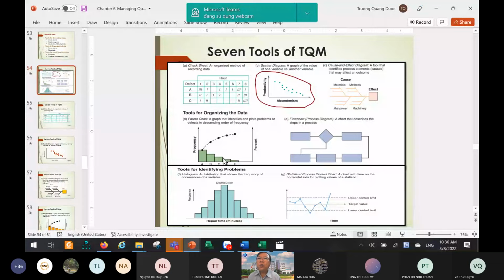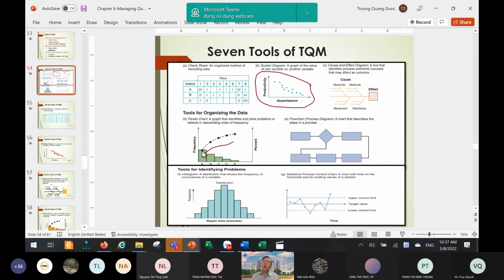And when we talk about the accumulative percentage, it means that the dot here must be at the top of the bar. Most of the groups draw like this one. So it's very wrong. The starting point of the drawing must be at the top of the bar.